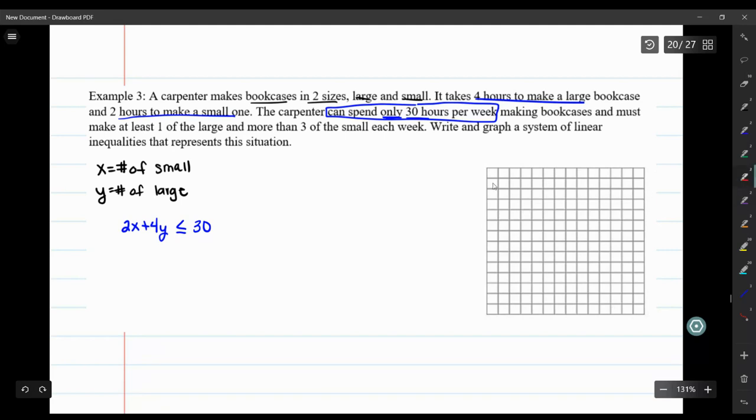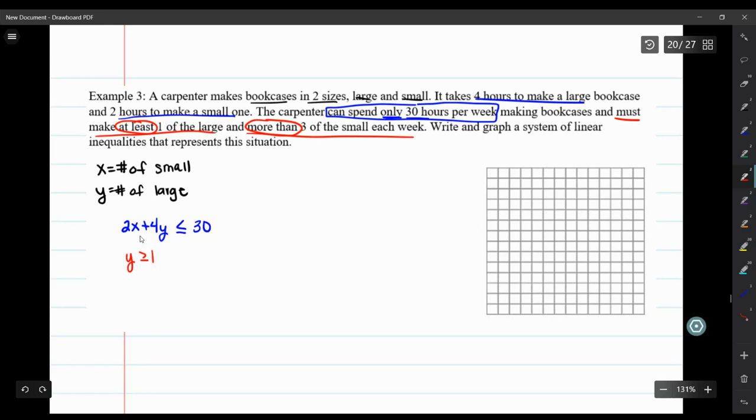Now let's look for another. I might not have any more totals, but I do know I must make at least one of the large and more than 3 of the small. Well, at least is an inequality symbol, and so is more than. So these are two separate inequalities. If I need to make at least one of the large, and y is my large, then y has to be greater than or equal to 1.